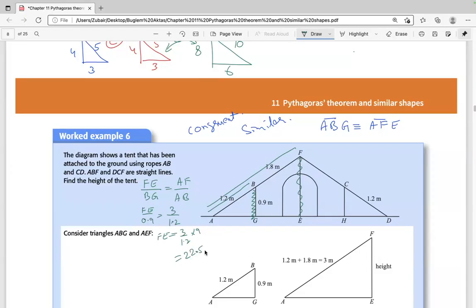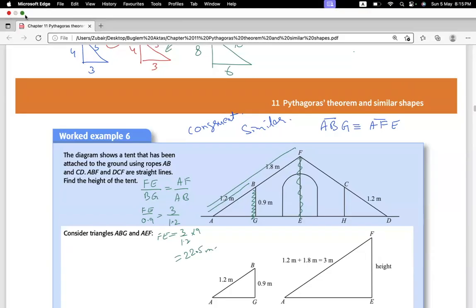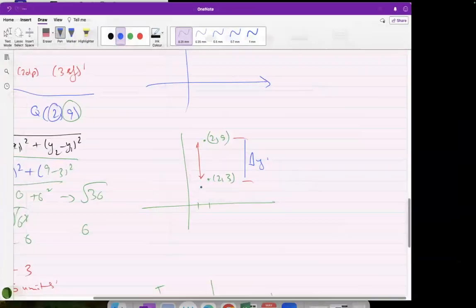So the height is 22.5 meters. Clear? Let's discuss one more example.